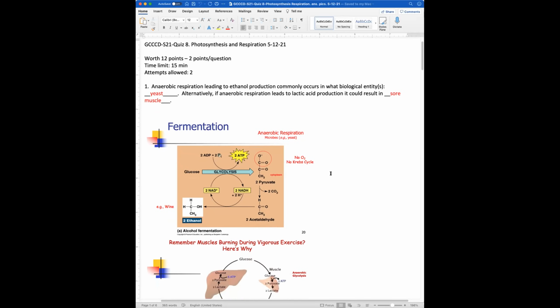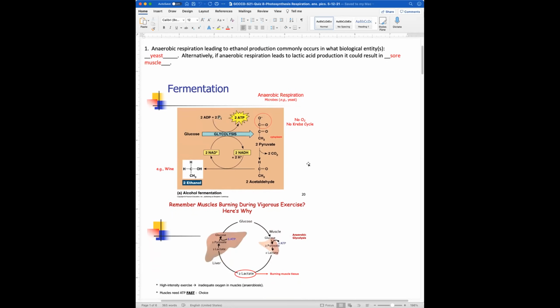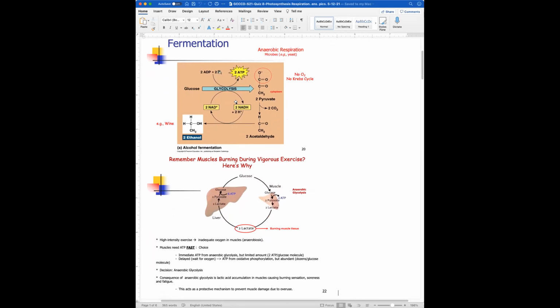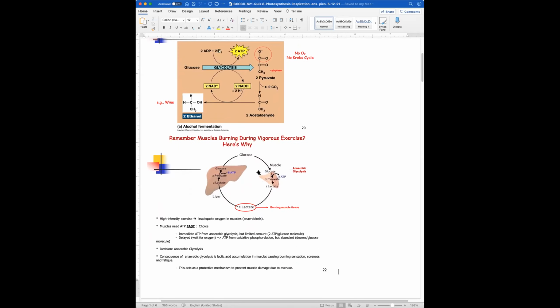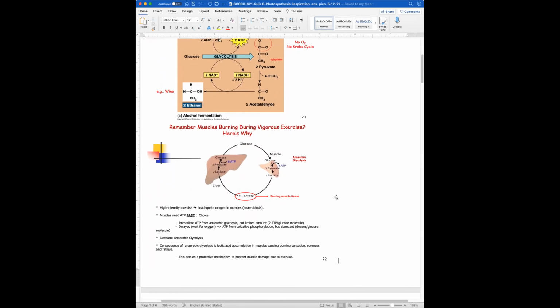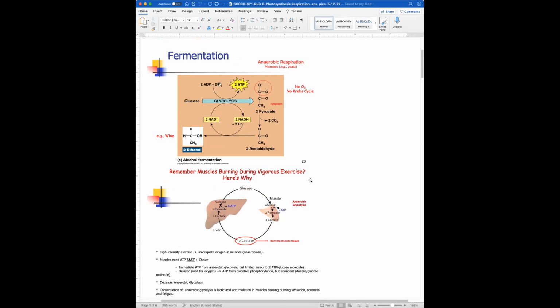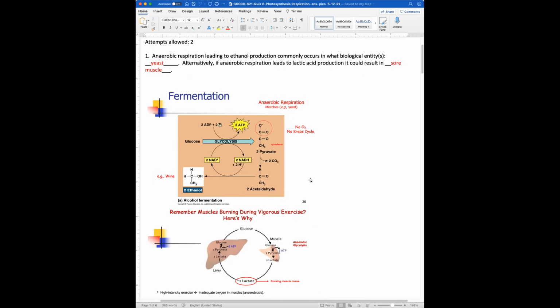And the reference for this question is these two illustrations of glycolysis from glucose to ethanol, which happens in microbes, for example, yeast. And then we had this slide on lactic acid accumulation in overly tired muscles, which causes a burning sensation. So that's where the sore muscle answer came from.